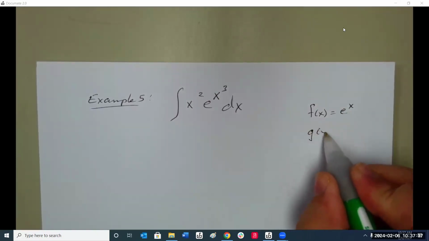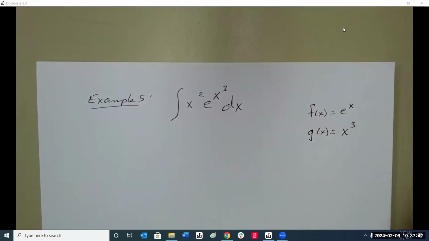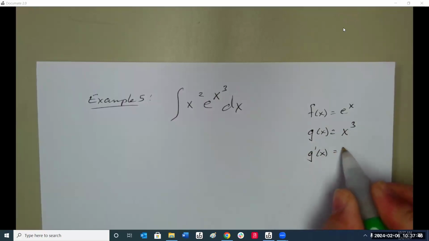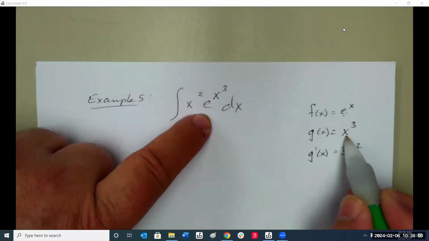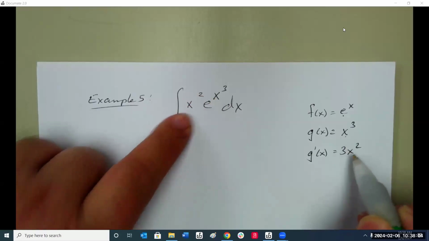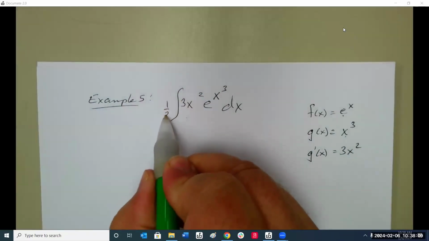Our g function is x cubed. Our g prime is 3x squared. So what are we missing? We have the e, check. The exponent of e is x cubed. The derivative, we're missing a 3. So we got to put a 3 on, 1/3 out in front.